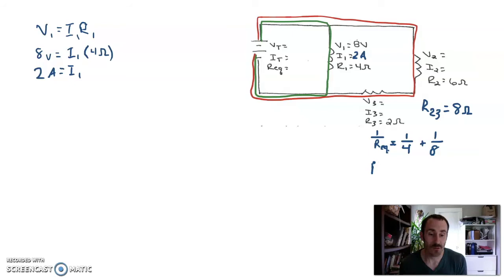And so the equivalent resistance of the whole circuit, when I add these two things up, this is 2 over 8 plus 1 over 8, which is 3 over 8, and then I need to flip it upside down, which gives me 8 over 3 ohms. Okay, now I'm going to change this to a decimal just so that I can be consistent using decimals throughout the whole thing. And that equals 2.67 ohms.